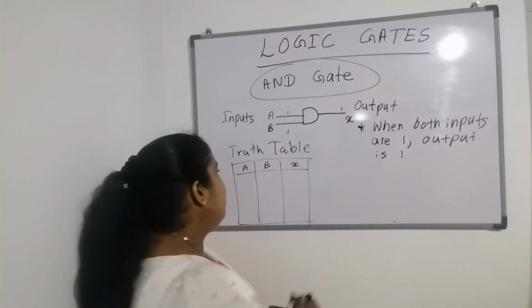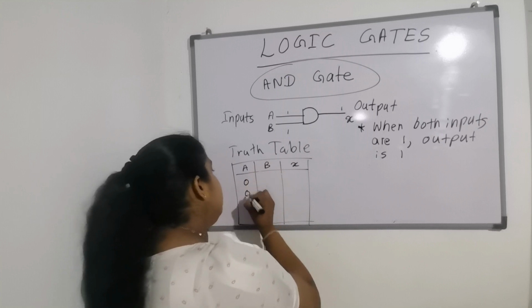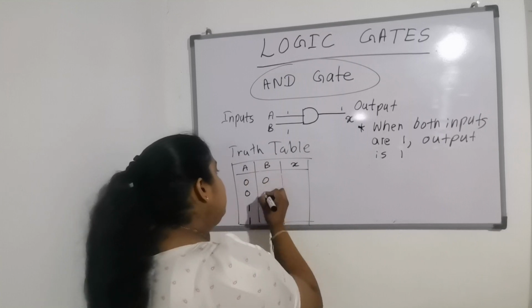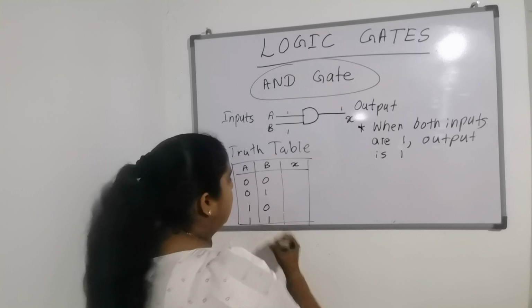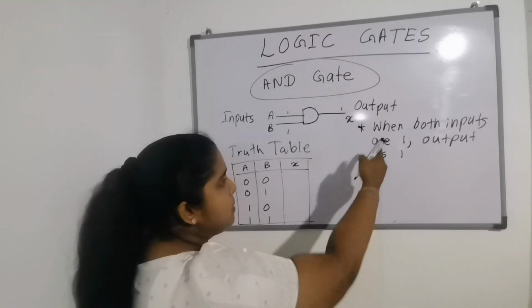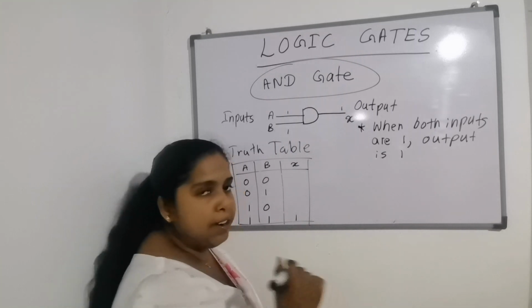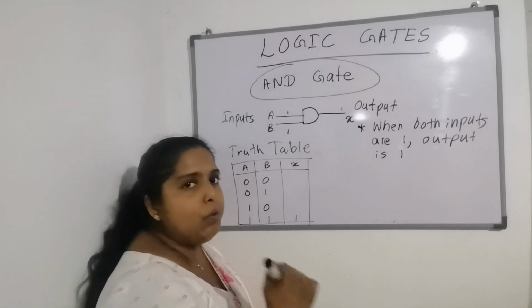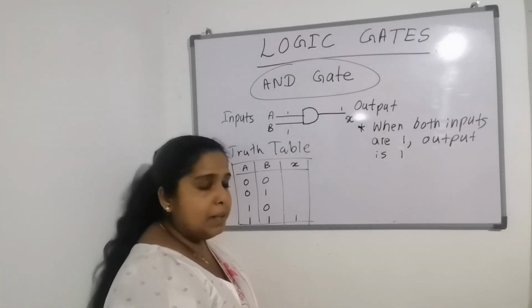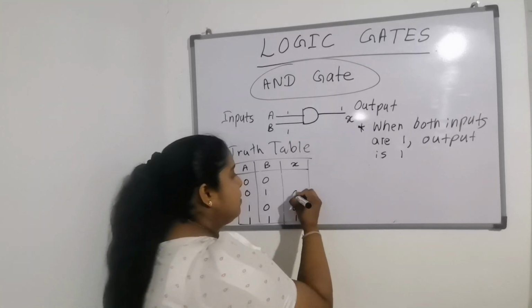Right. Here I'll use 0, 0, 1, 1, 0, 1, 0, 1. And here the special case 1, 1, 1. That means you can remember it very easily. 1, 1, 1. All the other combinations zeros.